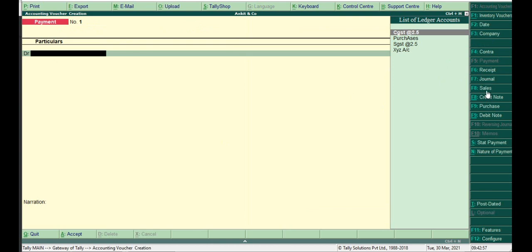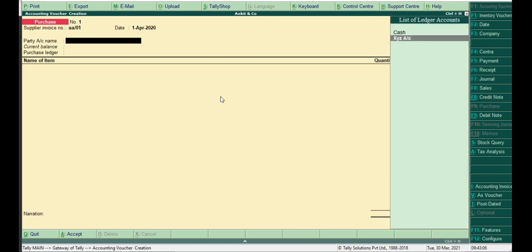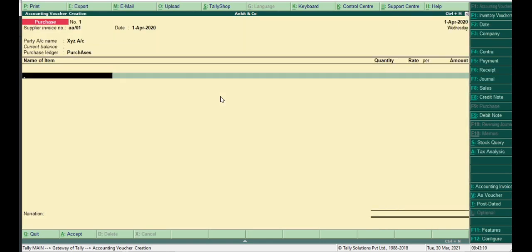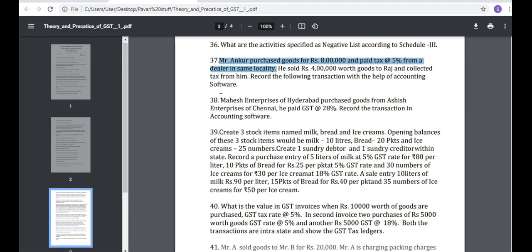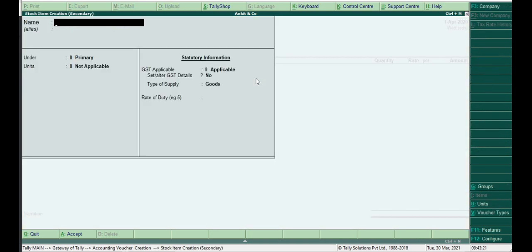Purchase voucher, F9, it is in invoice mode. AA by 01, name XYZ, purchases, and the name of the item. So what is the name of the item? He said some goods. So we'll press Control C. What will we write?